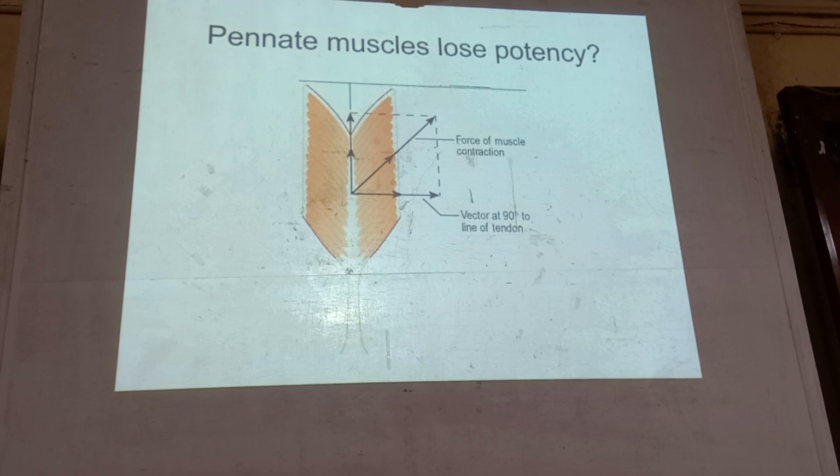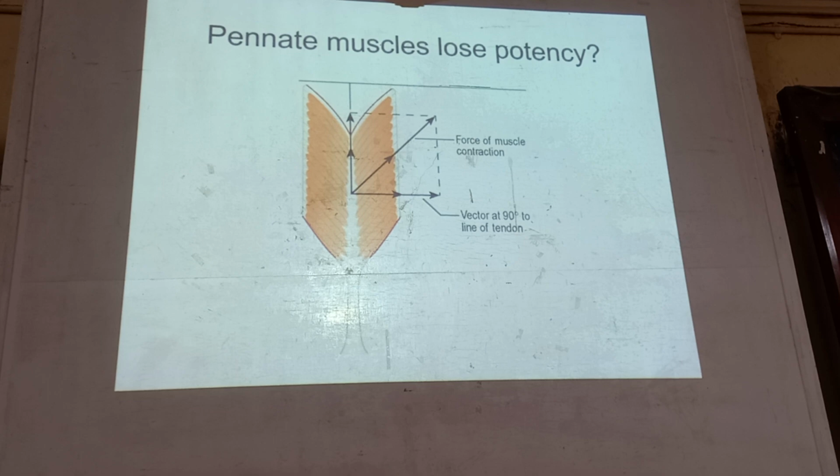If you remember your vectors, the vertical tendon pull is muscle pull into cos of the angle between the two, and the right angle pull is sine.